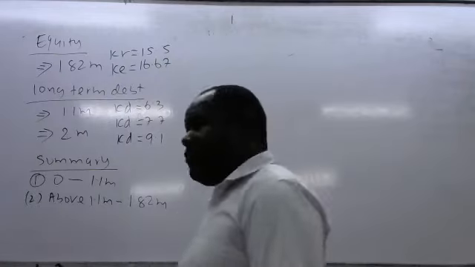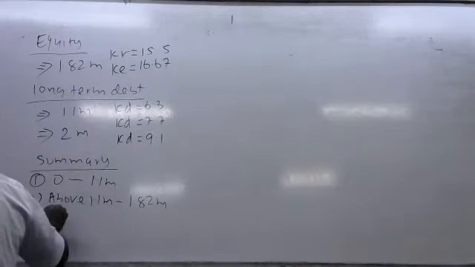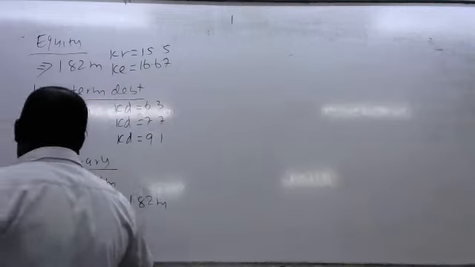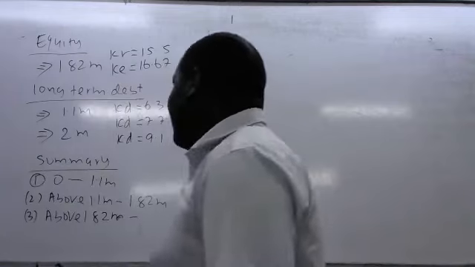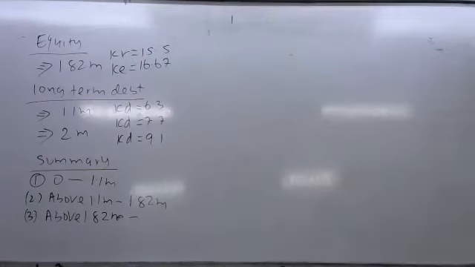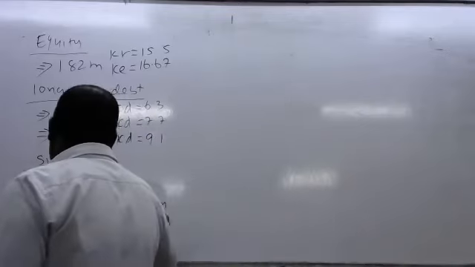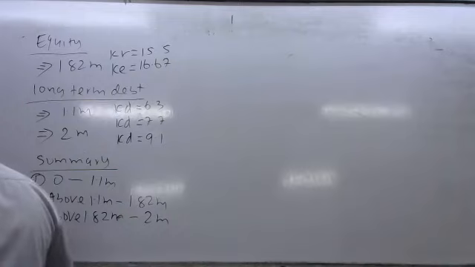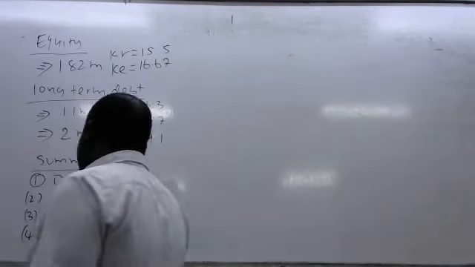Then the third one should be above 1.82 to the next highest. The next highest is 2 million. Then the fourth one should be above 2 million.